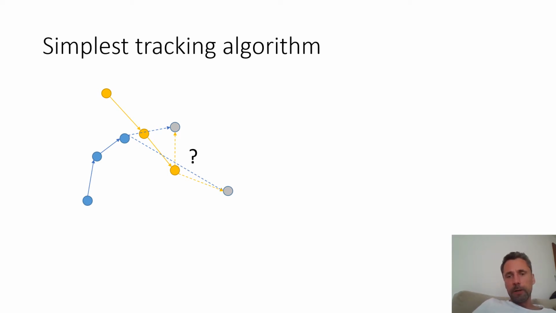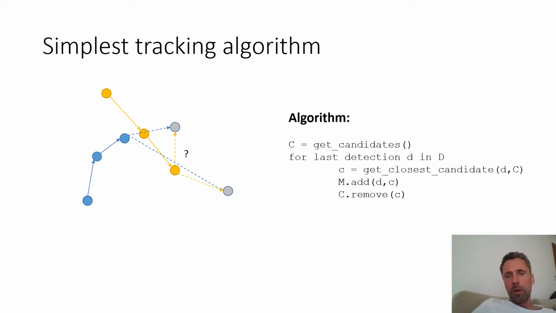So what kind of property can we use to connect these properly? And so the simplest algorithm here is this one. So we first get all the candidates for a given time point, which would be these two, and we call this set C. And then we iterate over all the last detections in our set D of detections.